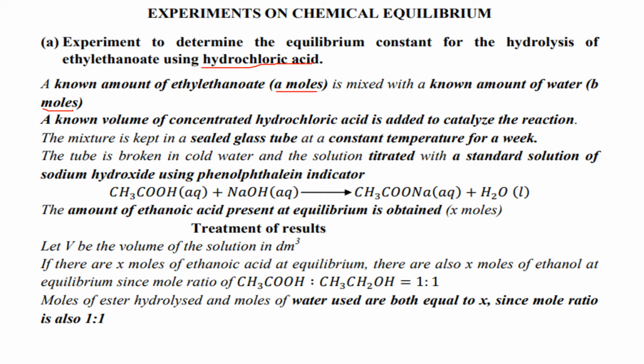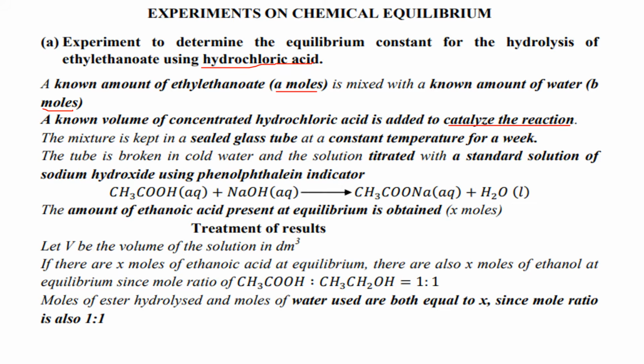A known volume of concentrated hydrochloric acid is added to these two components so that it can act as a catalyst. Catalysts just speed up the rate of both the forward and the backward reaction. So you have to take note of that. Catalysts under chemical equilibria speed up both the rate of forward reaction and backward reaction.